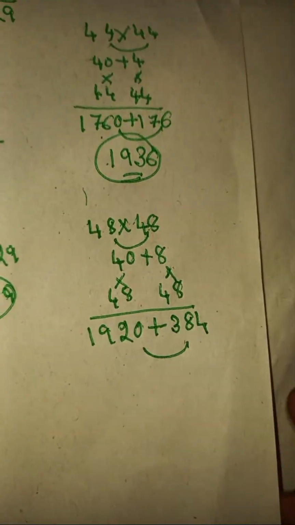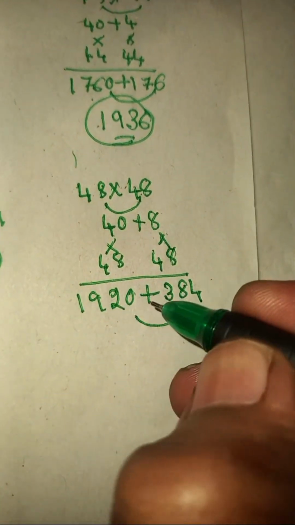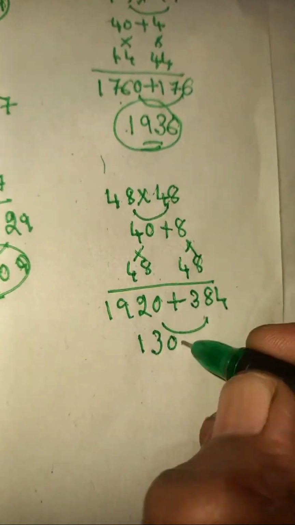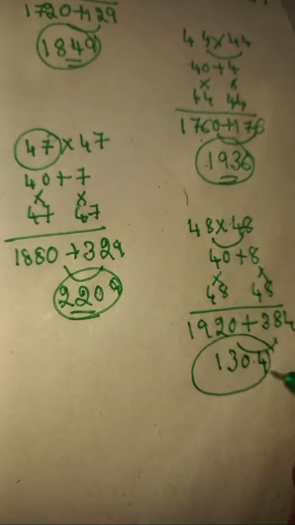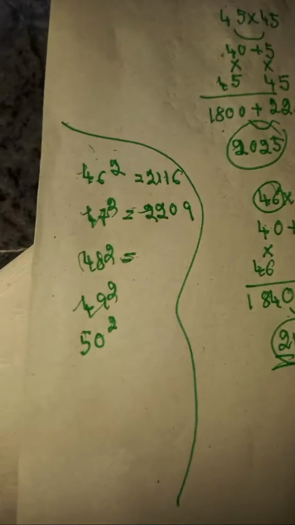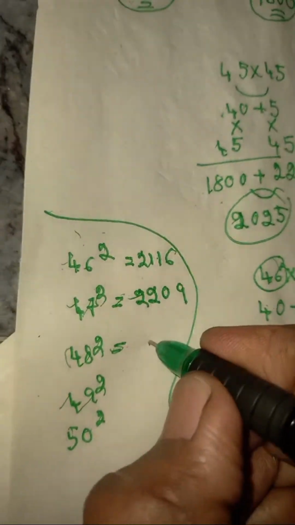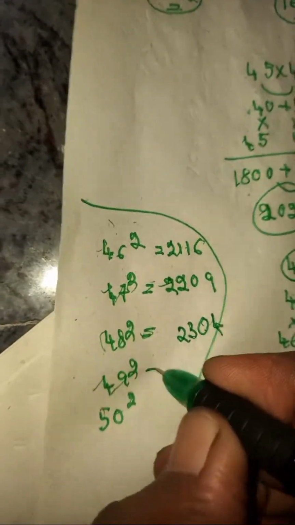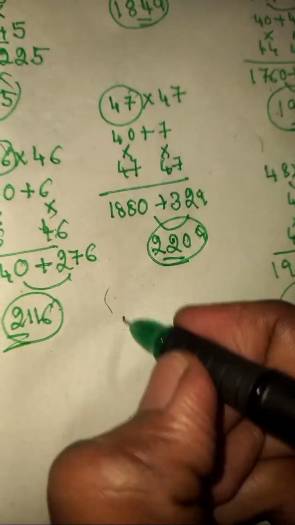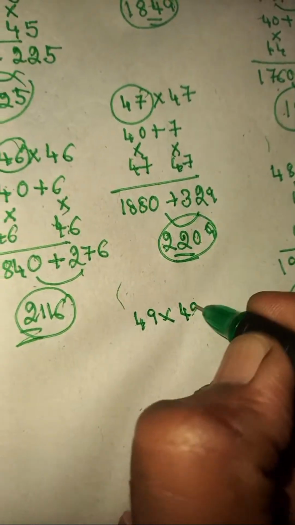When you add them, you're going to get 2304. 2304 is 48 square, and 49 square you can write as 49 times 49.